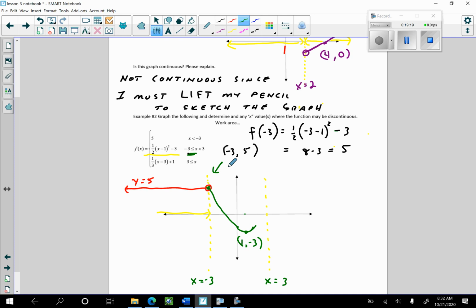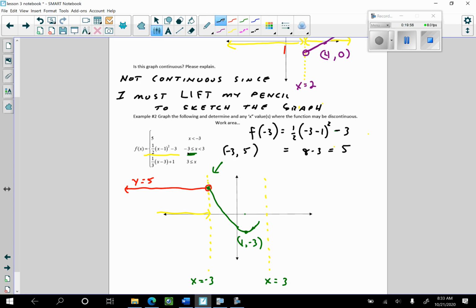The other thing I have to figure out is where, if this was equal to 3, where would it hit this other vertical line, x equals 3? This is a part that is difficult for students to wrap their head around. So I really need to figure out where this green graph is going to hit this x equals 3.